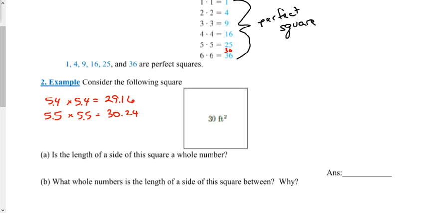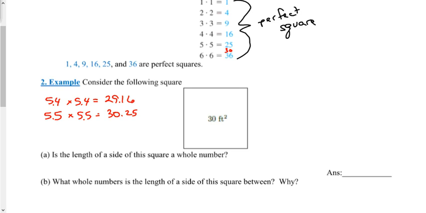You say, well, 30.25, that's actually too big. It must be somewhere in between 5.4 and 5.5. And so you can kind of keep playing this game, like maybe it's 5.45.